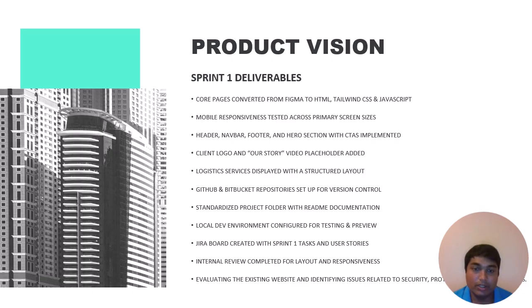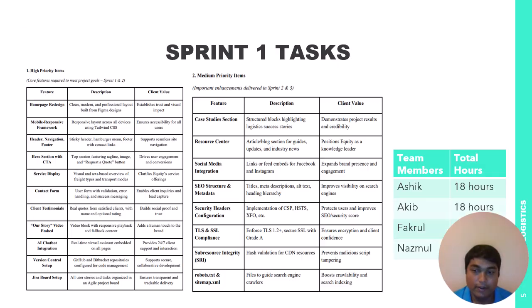GitHub and Bitbucket repository setup for version control, standardized project folder with README documentation, local dev environment configured for testing and preview, Jira board created with Sprint 1 tasks and user stories, internal review completed for layout and responsiveness.